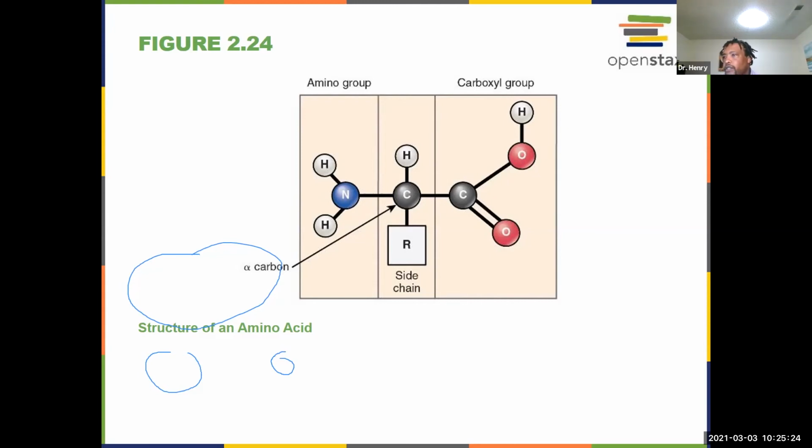For instance, have you guys heard of sickle cell anemia? Sickle cell anemia is a result of a change of a single amino acid. You change one amino acid, and it causes your blood cell to be sickle shaped instead of round. Just the change of one amino acid causes that. Okay.